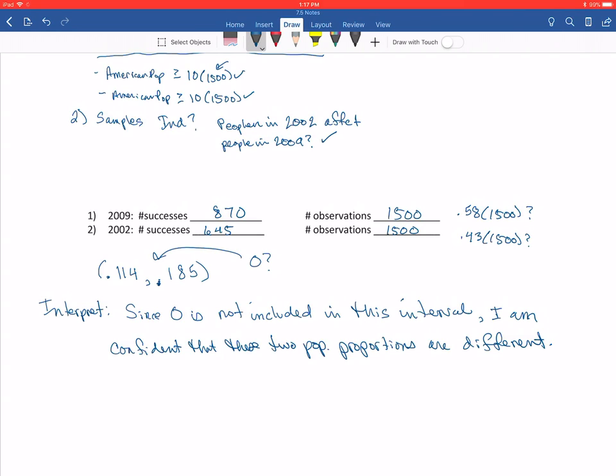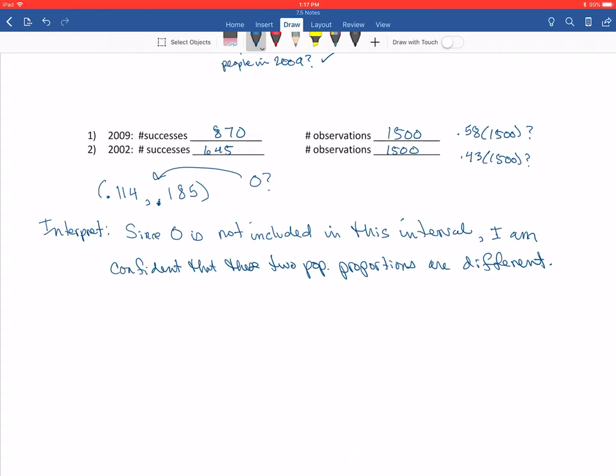These percentages have come back different enough that I'm convinced that there really has been a change in the public opinion about this. And moreover, since all the values in this interval are positive, that tells me a little bit more information.